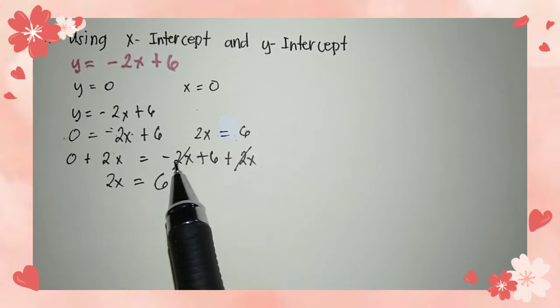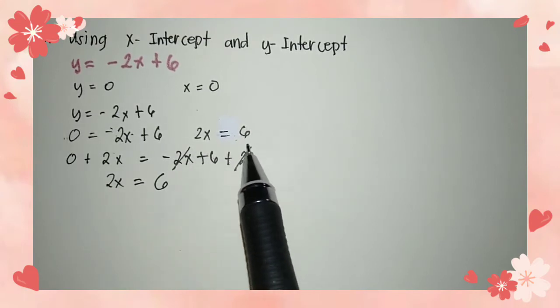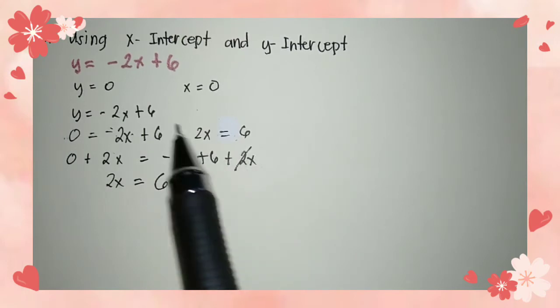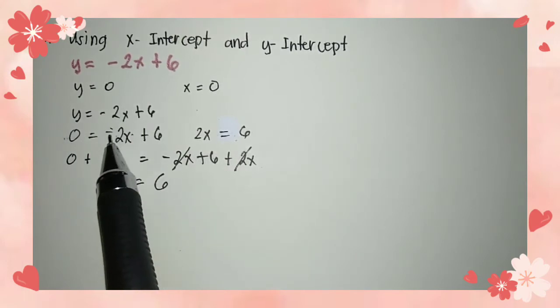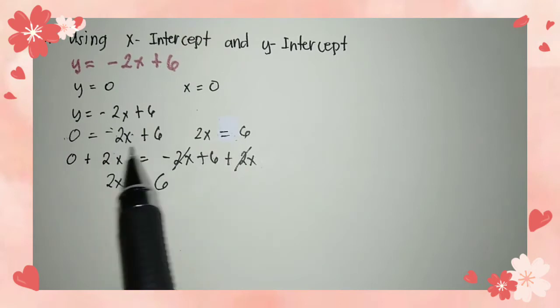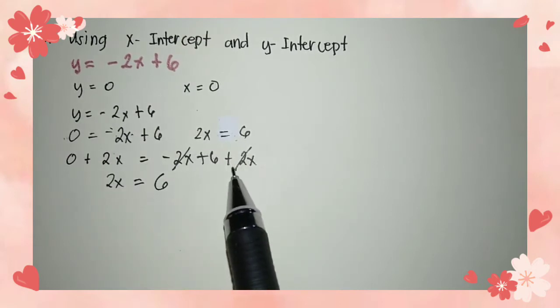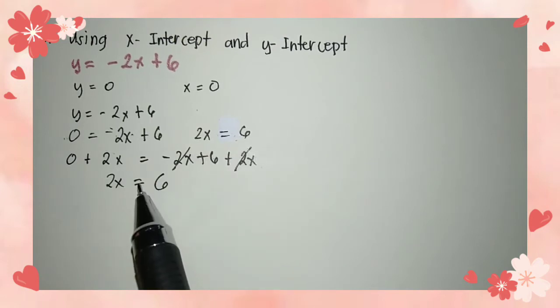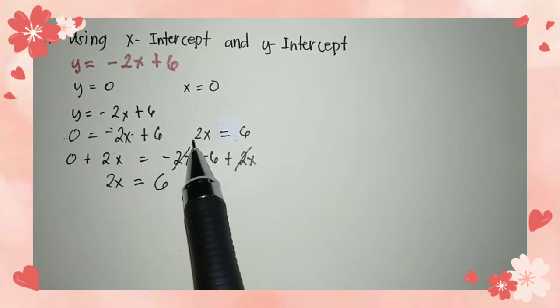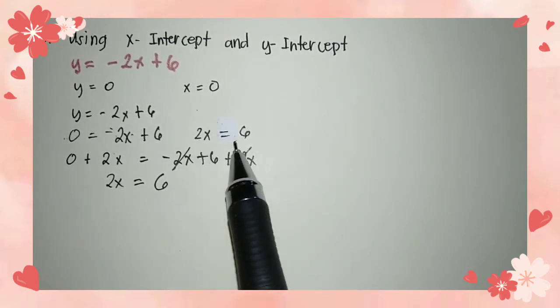Like this, negative 2x plus 6 plus 2x. Ito siya, positive 2x, okay? Pero kung ito ay positive, ang ilalagay natin sa kanila both sides is plus negative 2x. Magiging negative 2x to. Pero plus pa din yung sign. Okay? And then, ito na nga, itinuro ko na din kung paano yung short method.